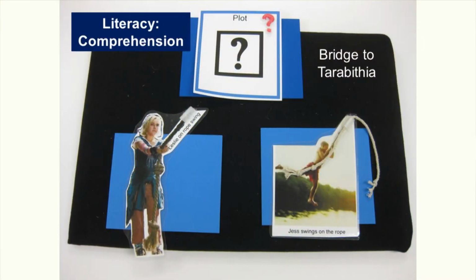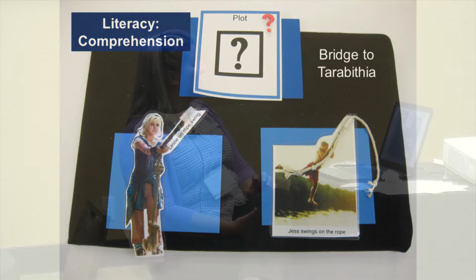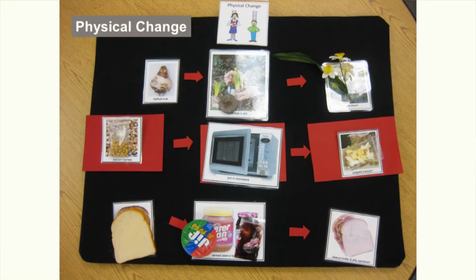Okay, then comprehension. What's the plot? So there you're getting into your English language arts, plots, characters, different ways to do that. Physical change. If you have a daffodil bulb and you put it in the ground, flowers will grow.